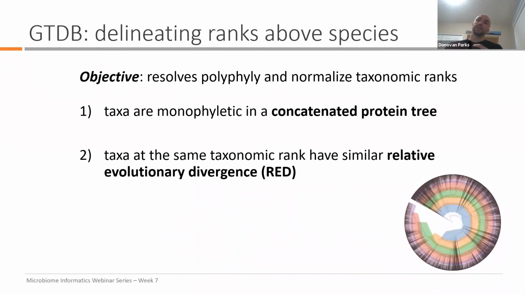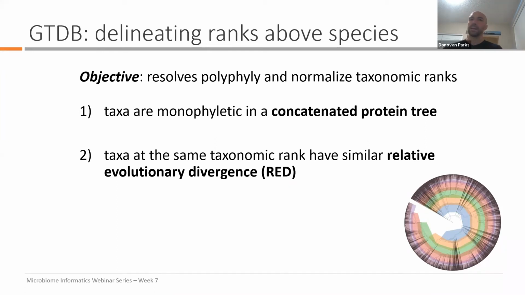We've been talking about how we assign genomes to species clusters. So in the GTDB, what do we do for higher ranks? The GTDB has two objectives above the rank of species. The first is that we should resolve any polyphyly that exists, and the second is that we should normalize taxa at the same taxonomic rank.